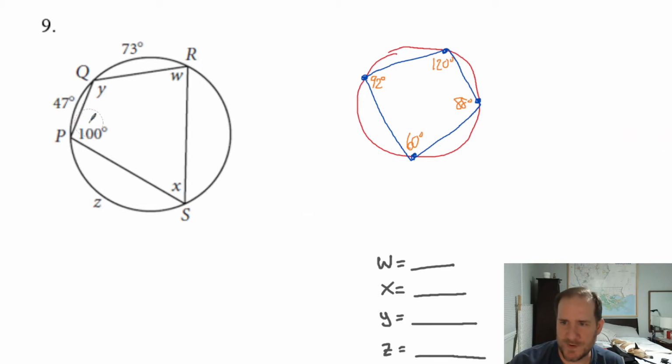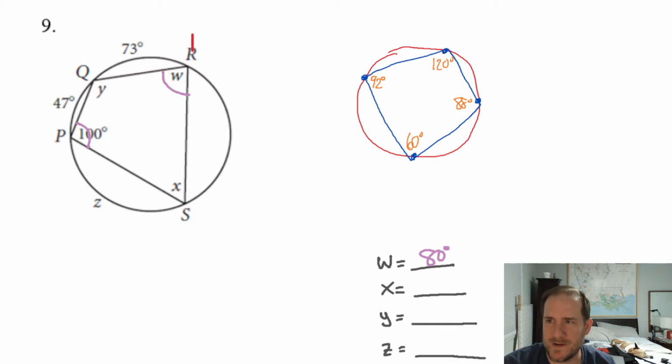And because of our new rule, finding W is easy, because we know that W and 100 are supplementary. So 180 minus 100 leaves 80. There's W. Now from there, who can I find?